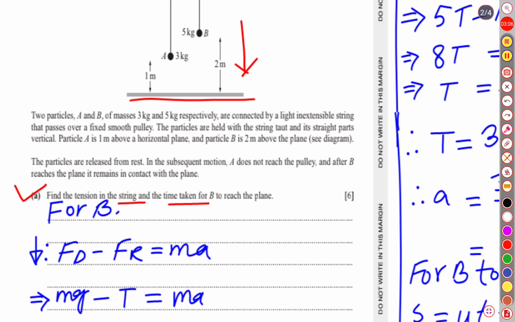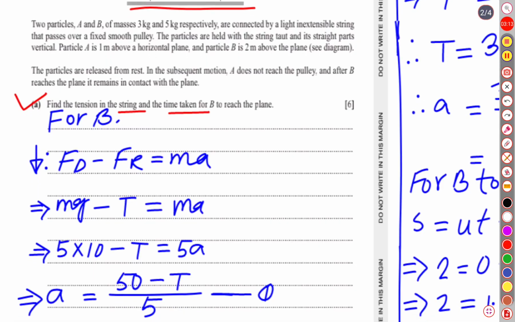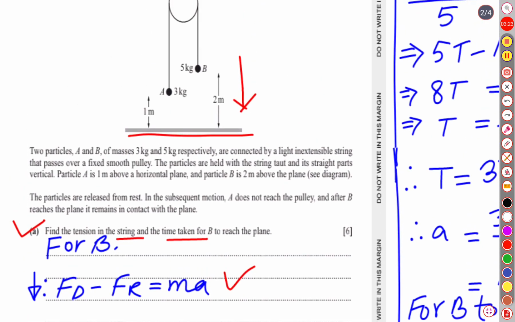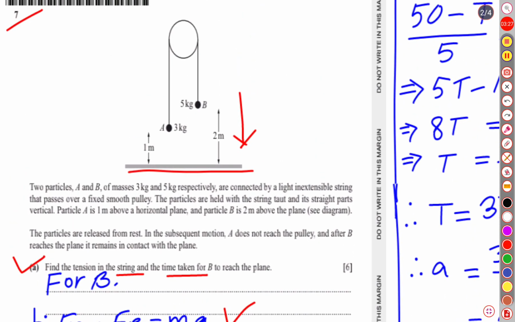For B, driving force minus resistance force is equal to ma. So our concept is driving force minus resistance force is equal to mass into acceleration. And for B, look at this, what is driving it downward? Actually there is no external force acting on this.